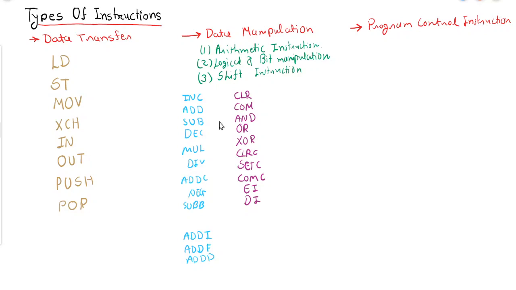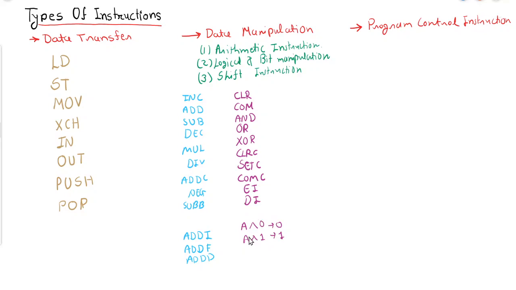If you want to clear a particular bit, then we can use AND, because a AND 0 will result in 0, while a AND 1 results in a. So if you want to set any bit to 0, then we can use AND.